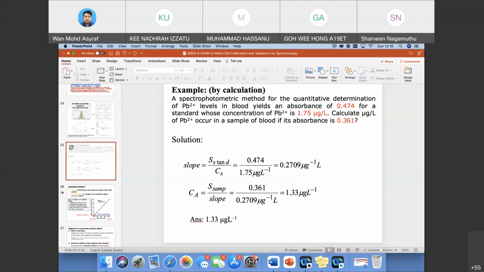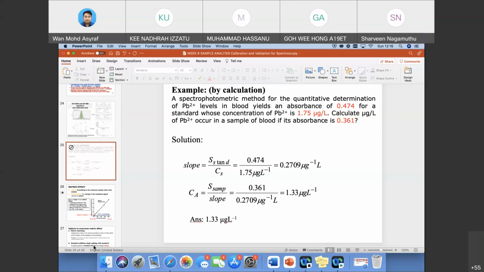Then for the unknown concentration, you take the absorbance divided by the slope, and you get 1.33 micrograms per liter. So this is how you use this data to get the slope, and then the concentration of the unknown.